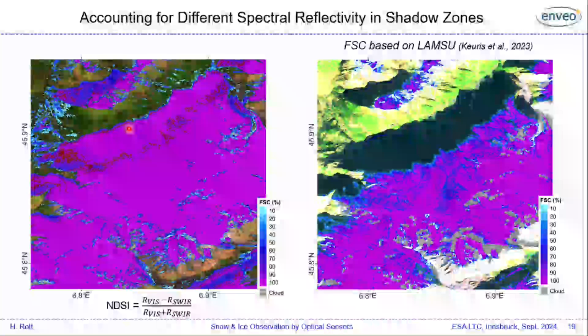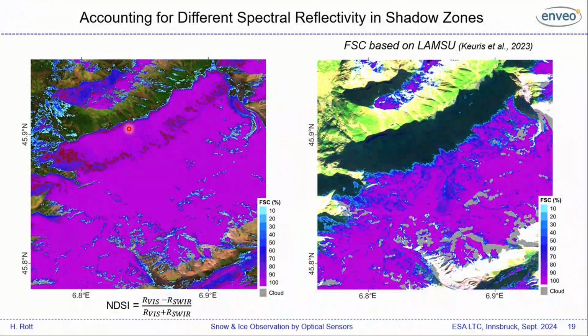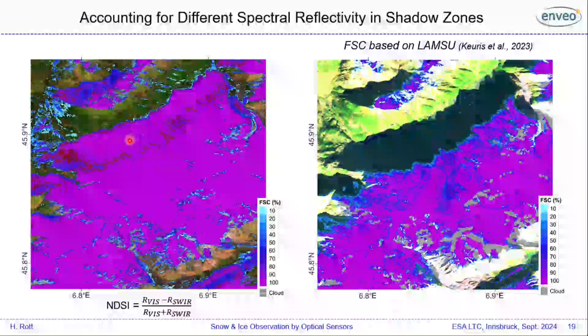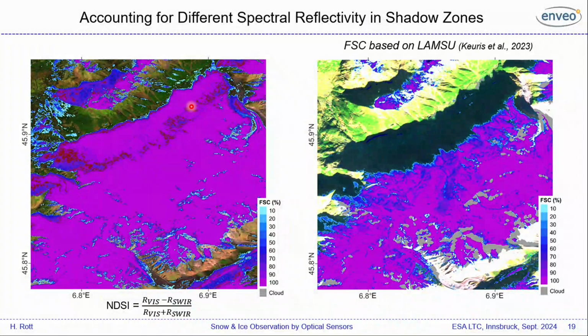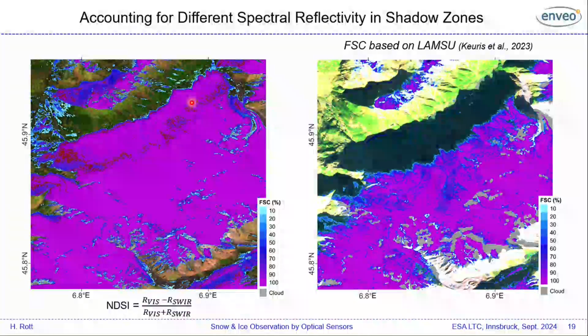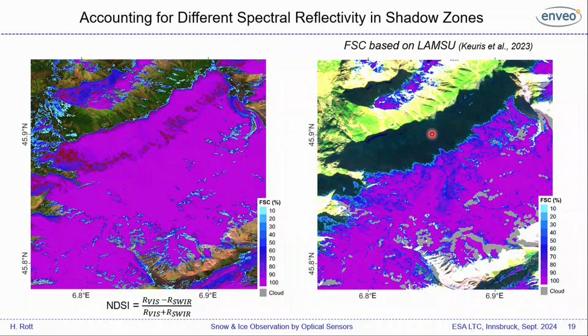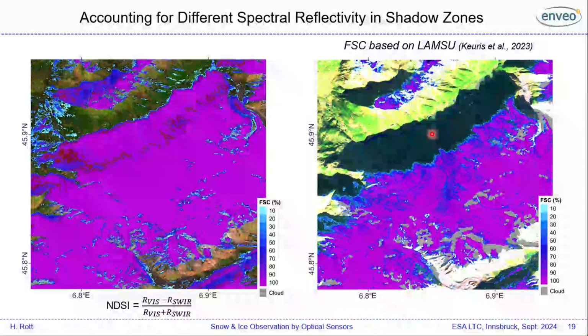So if we use these same end members, we get, this is snow-free actually, we've seen, then we get here full snow cover. This is a fractional snow cover, and this is now with the other method where this is well discriminated and separated.